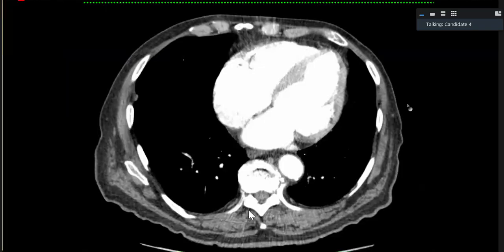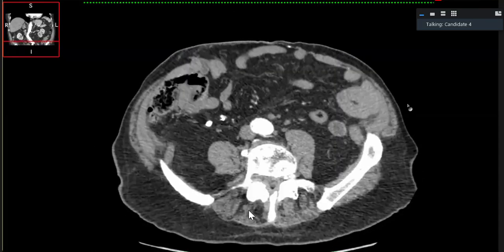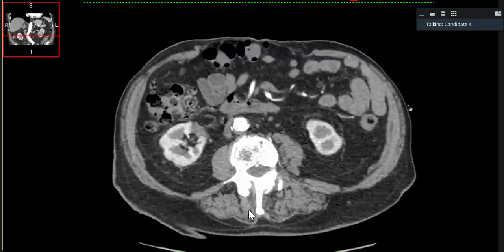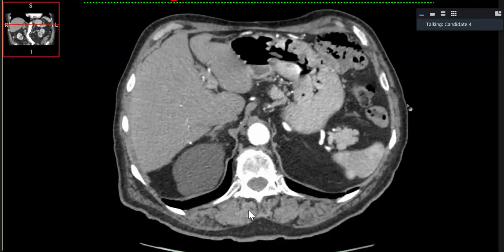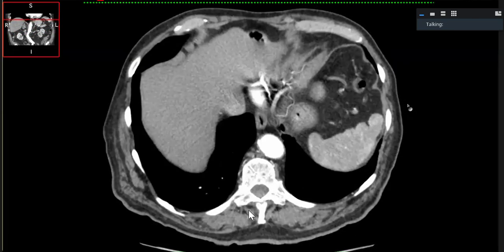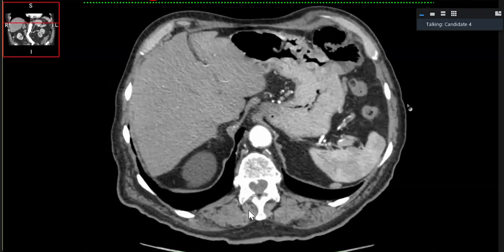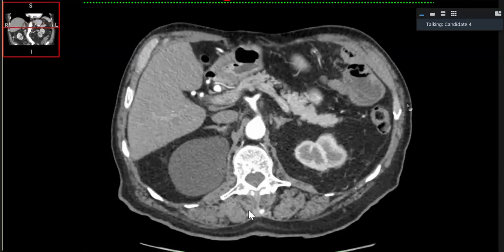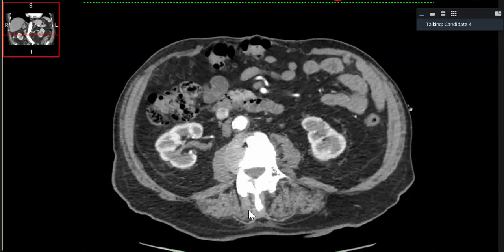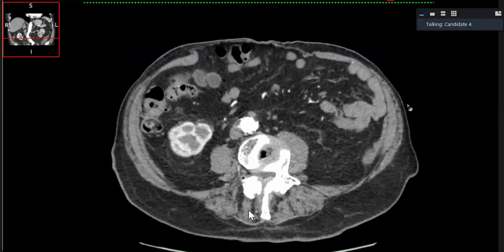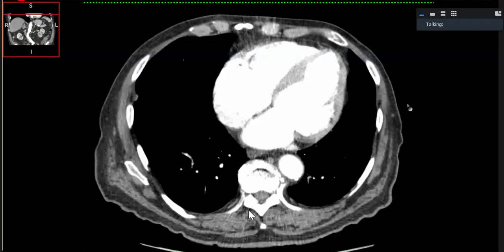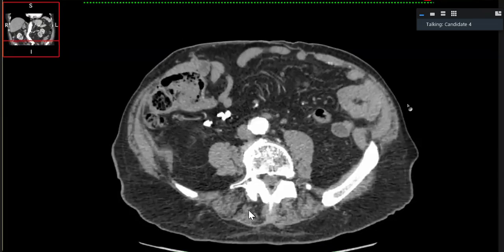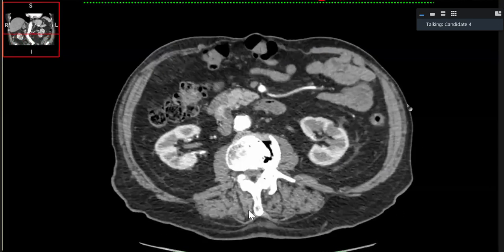Down to the level of the iliac vessels, there is no active contrast extravasation seen. I couldn't appreciate any indirect signs of mesenteric ischemia, like bowel wall thickening, edema, or free fluid in the abdomen.